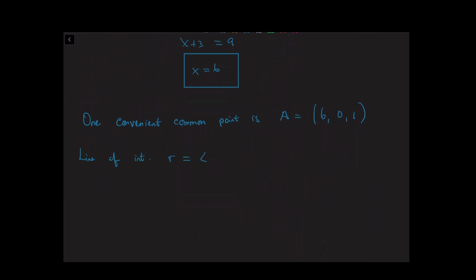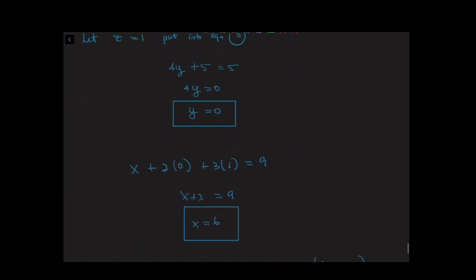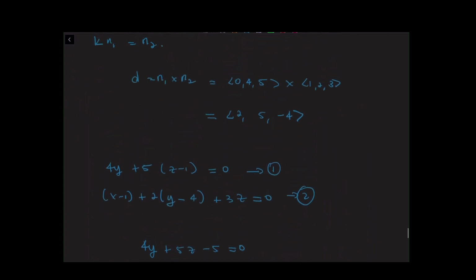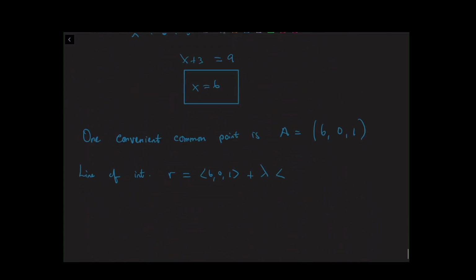So I'll have 6, 0, 1 plus, I know you guys like lambda, so use lambda into my direction vector, which I found all the way at the beginning, 2, 5, negative 4. Of course, lambda is real.